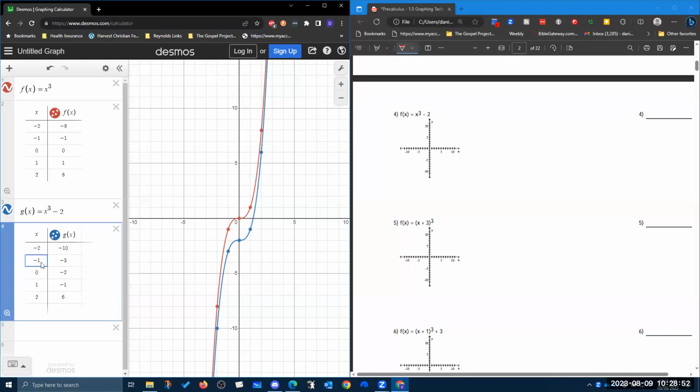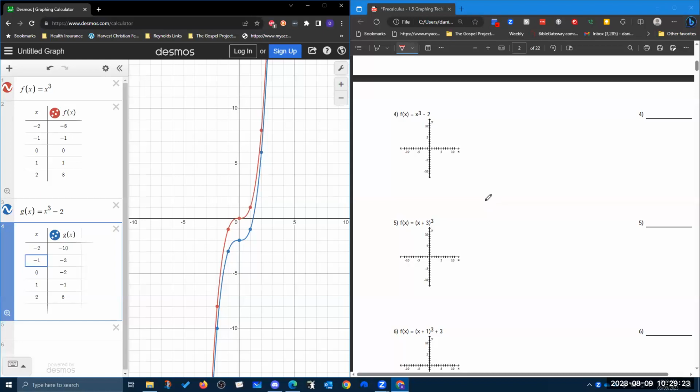Now I see the blue point at -1. There we are. And that is how you can graph them using your characteristic points from your parent graph and then shifting those points horizontally or vertically as the formula here tells you to do for the transformation.